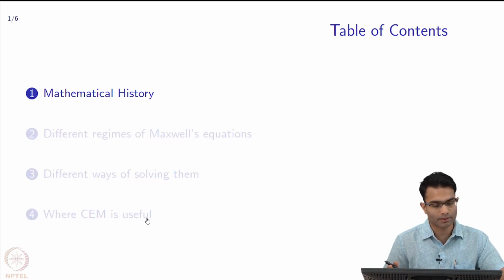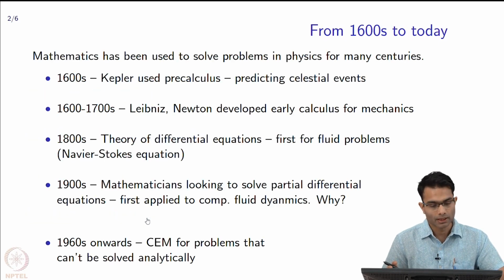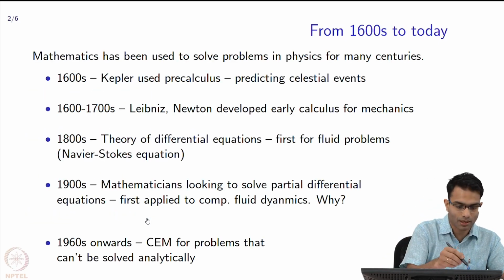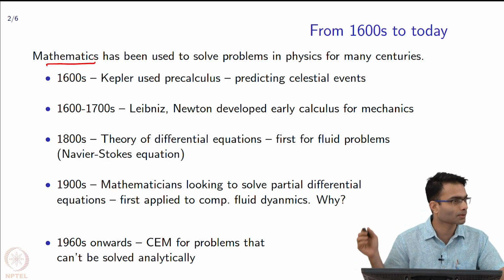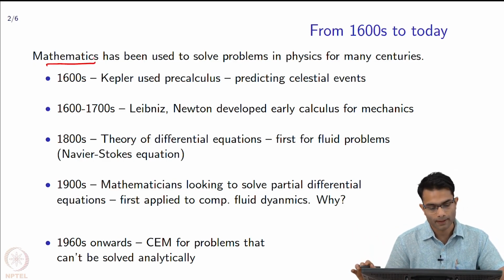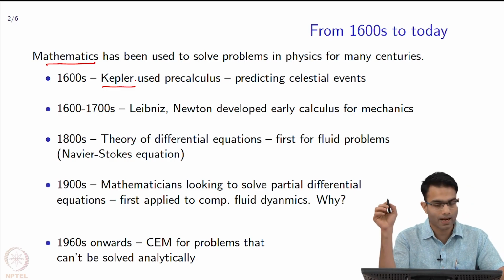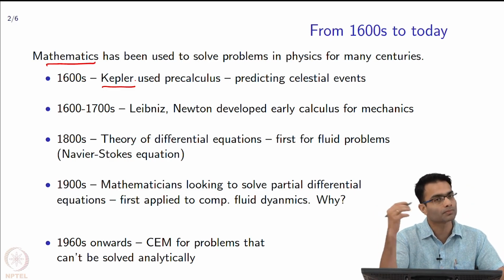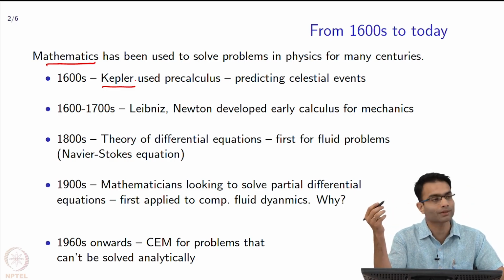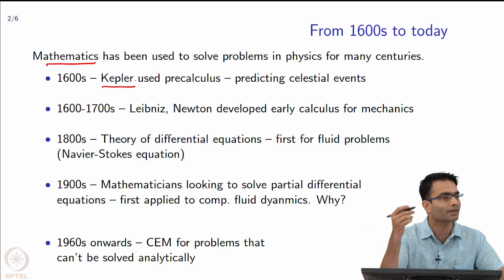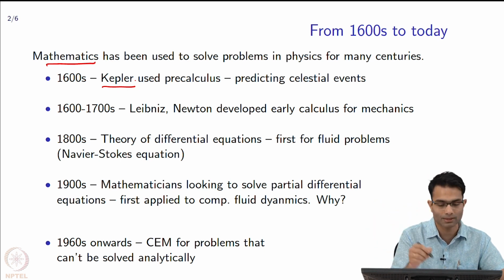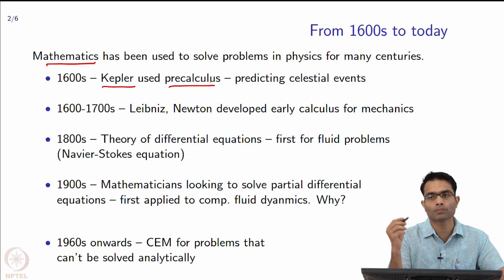So coming to the mathematical history of the field of computational electromagnetics. I mean, it is hardly necessary to say that math has been used for solving physics problems for a long time. But at least in the recent modern history, you start with Kepler, who everyone has heard of, and he used something predating calculus, a very elementary sort of math to predict how planets moved.